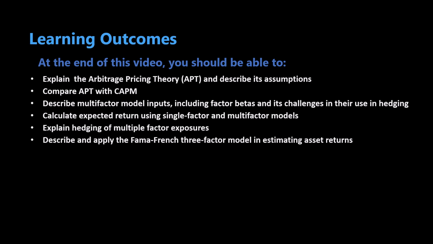Third, identify the inputs required in a multi-factor model, especially factor betas and factor surprises. Fourth, calculate expected or model implied return using both single factor and multi-factor settings. Fifth, explain how hedging multiple factor exposures works. And sixth, describe and apply the Fama-French three-factor model.